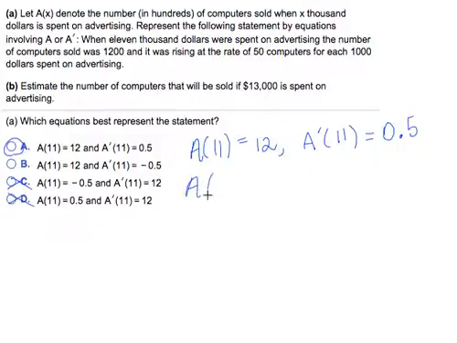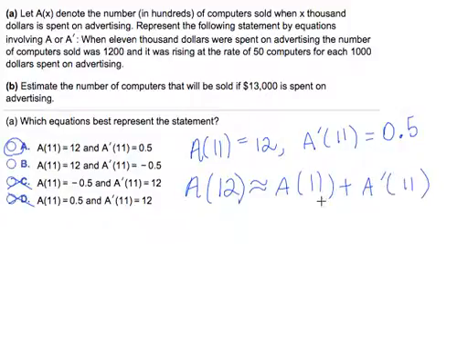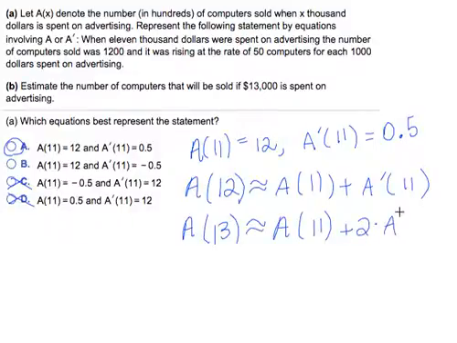So this tells us that A of 12 is approximately equal to A of 11 plus A prime of 11. That's what marginal cost means. And we can take it one further and say A of 13 is approximately A of 11 plus 2 times A prime of 11.